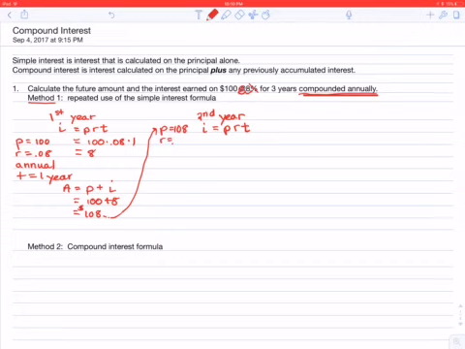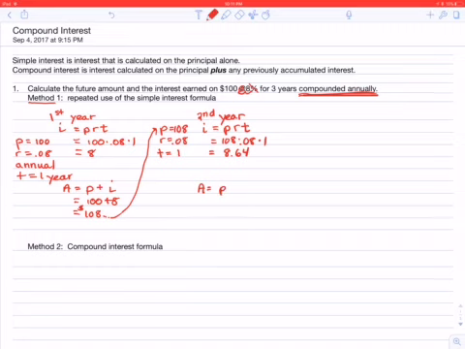The rate is still 8% annual because we're not told otherwise, and we're calculating it annually. That is 1 year at a time. So it's 108 times 0.08 times 1. Or at the end of that second year, $8.64 was earned.